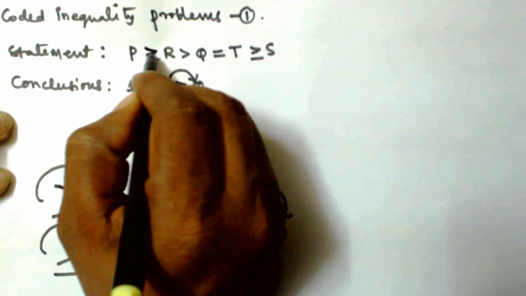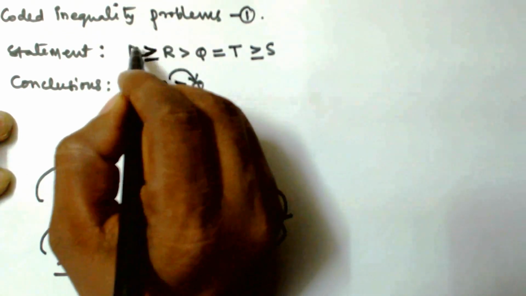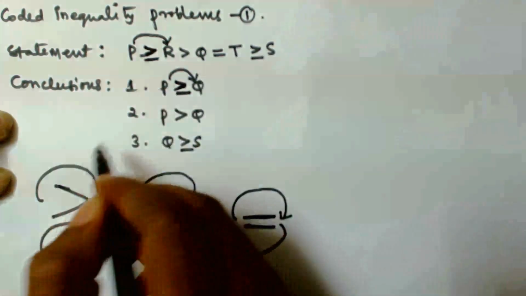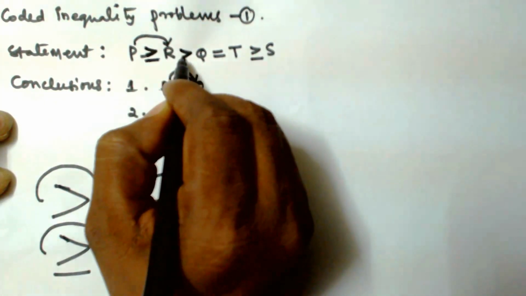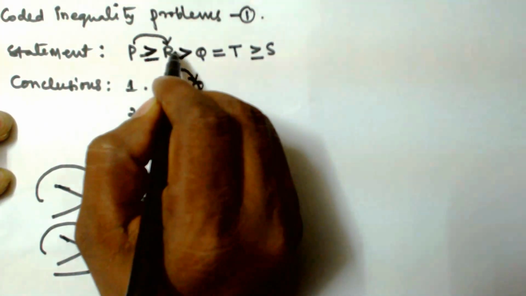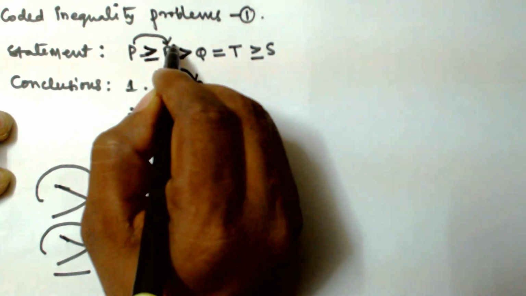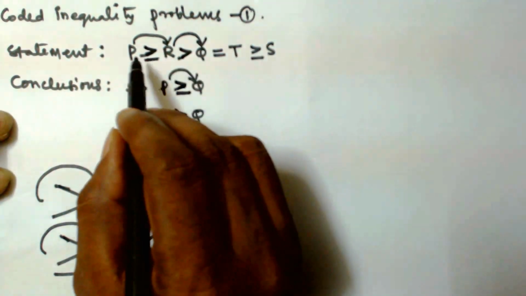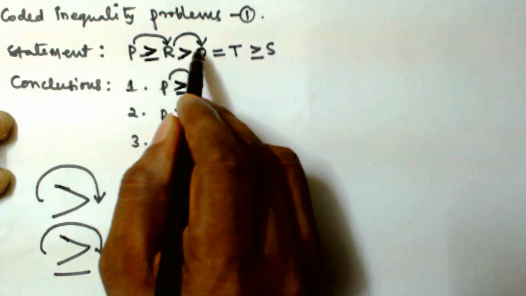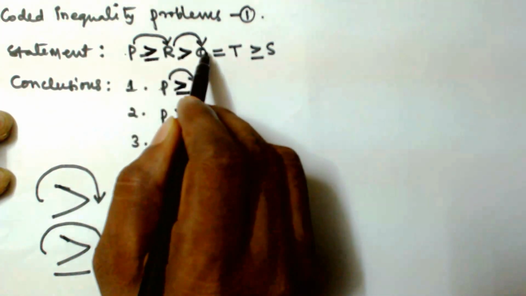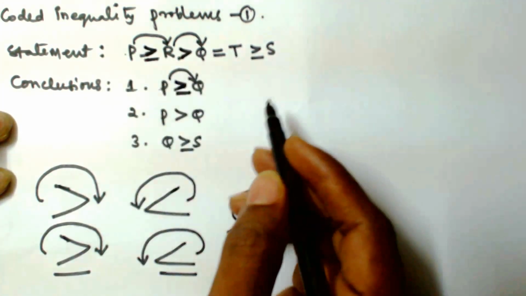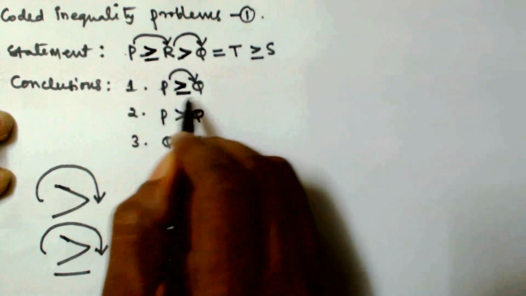P is at the open end of the greater than or equal to, so from p to r we can move. Again r, q: r is at the open end and q is at the close end, so a movement is possible from r to q. That means a movement is possible from p to q. Whenever the movement is possible, you can say the given statement is true.